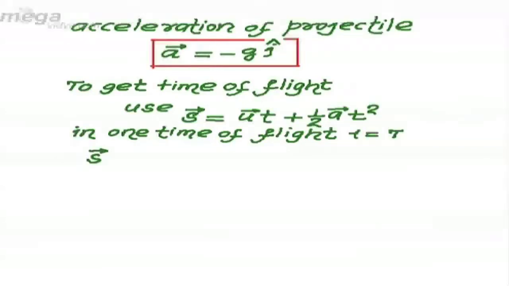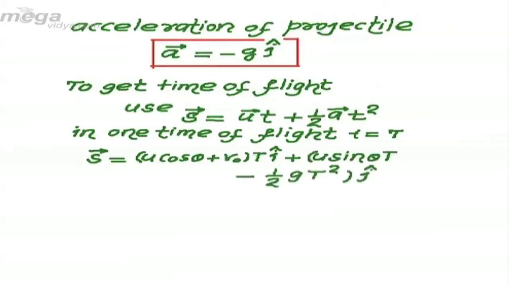Displacement S can be written as (u cos theta plus v naught) into time of flight, i cap, plus (u sin theta t minus half g t square) j cap.